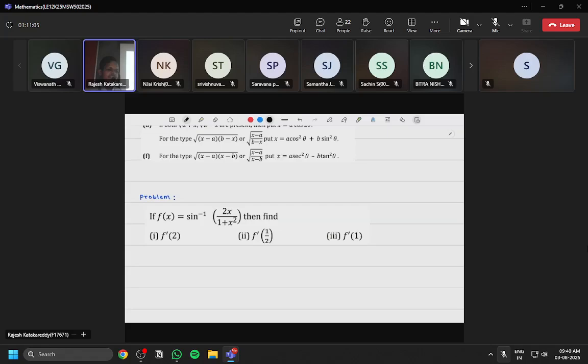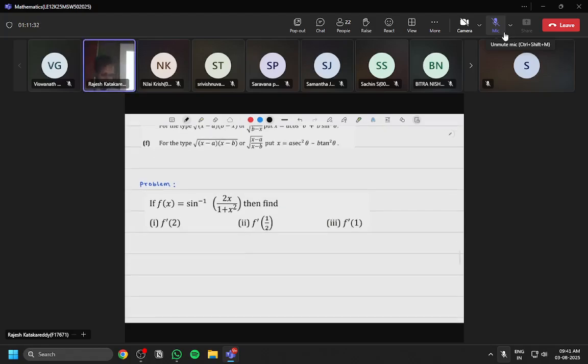Third one seems interesting. Third one seems incorrect. Can you check your calculations again? Third one. If I remember correctly, f dash of 1 does not exist.